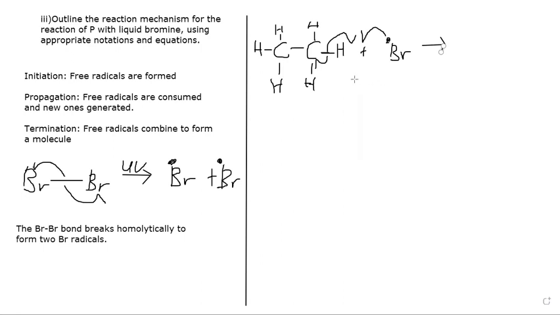So let's look at what happened here. The bond between carbon and hydrogen was broken. Carbon got one electron from the bond. So on the product side, we should have the same alkane, however, it will have one less hydrogen atom.